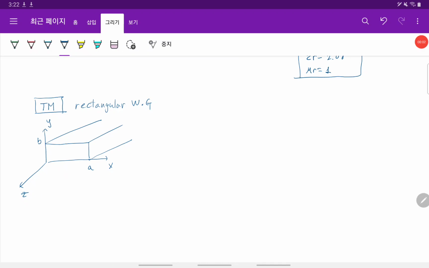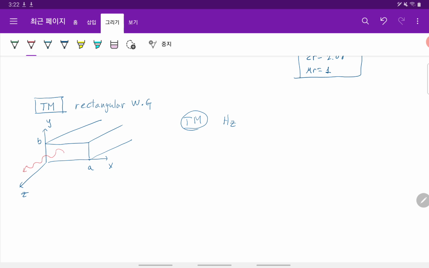So let's move on to TM mode in rectangular waveguide. If you hear TM for this rectangular waveguide, that means Hz is zero. The waveguide transmits a wave propagating in the Z direction.